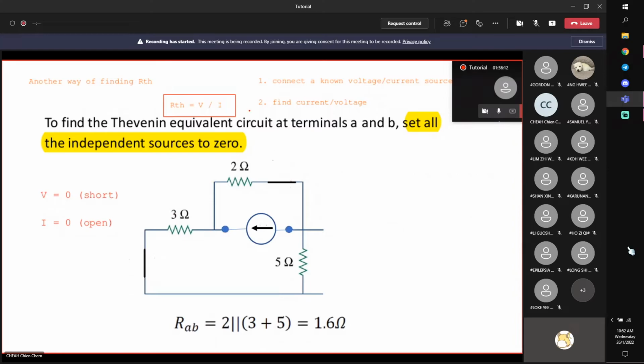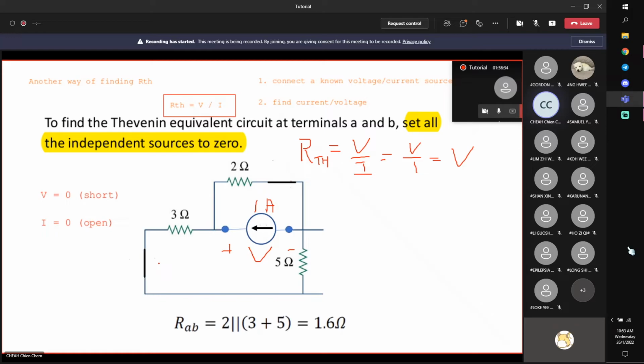Now, R is equal to V over I. This means that I can also put in a current source, say 1 ampere, then calculate the voltage across it. It's also the same.